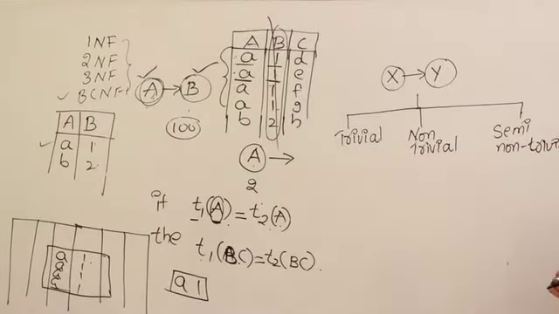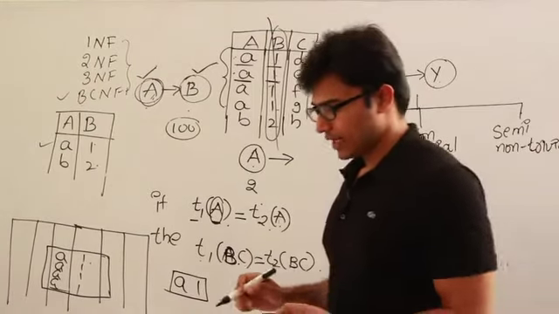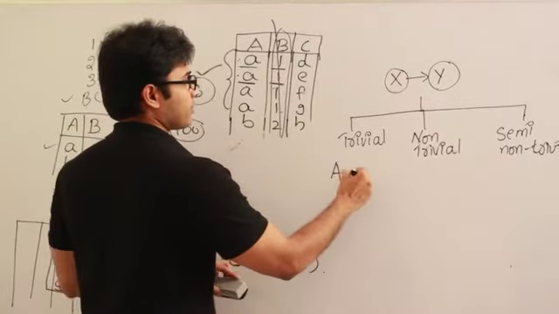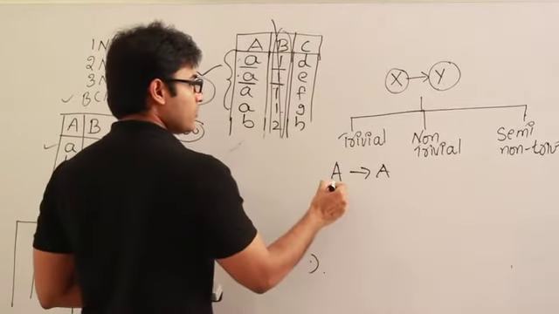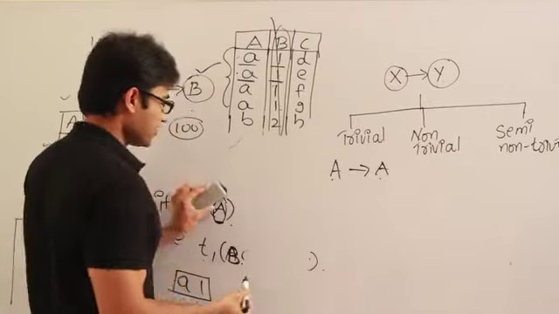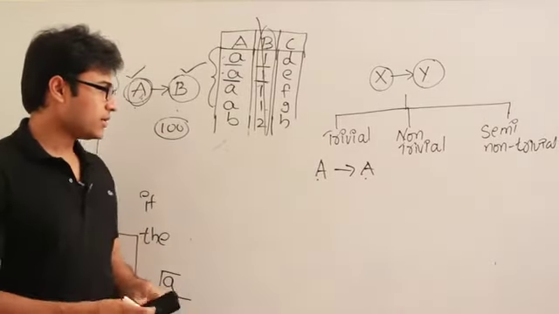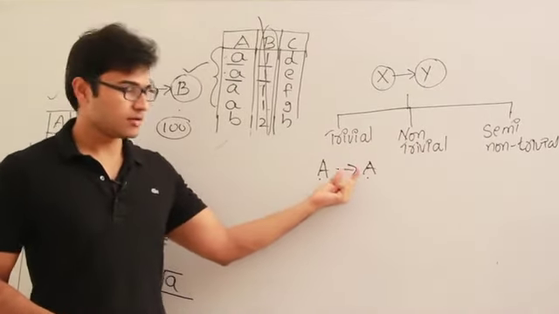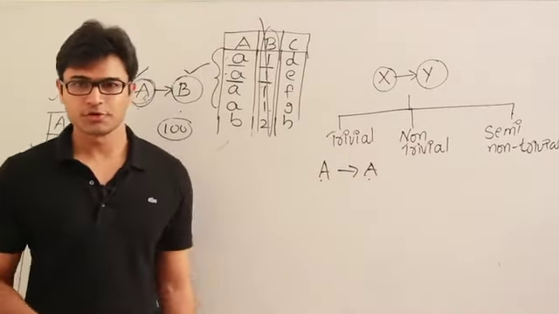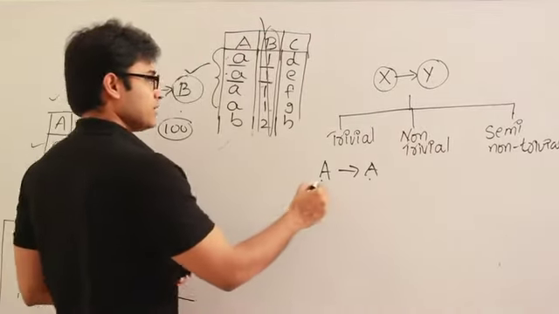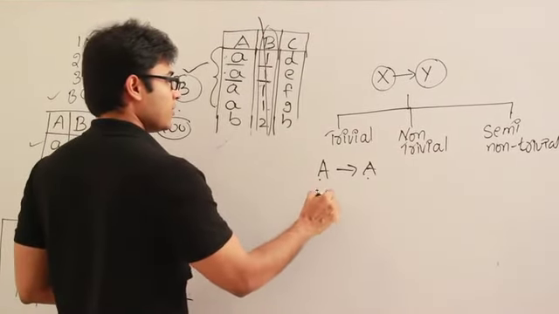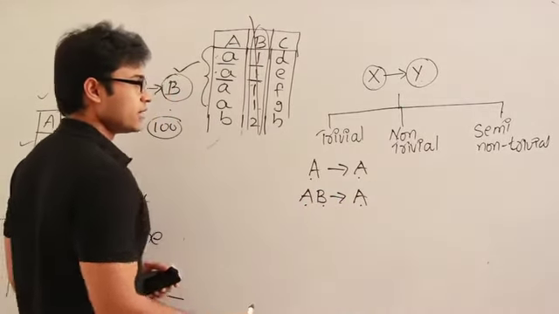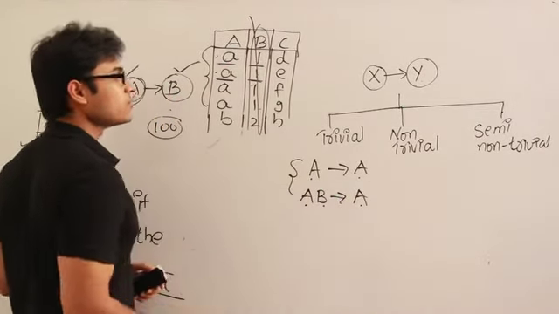What is trivial is, like this, A determines A is trivial. Why? Given the value of A, finding the value of A is trivial, isn't it? The meaning of this is, I'll give you a value of A, you tell me the value of A, then what will I say? Whatever you give me, that is what I'm going to show you, isn't it? And the other one is, AB determines A. Given the value of AB, you will be able to say A. So these are useless, these are not at all useful, right?